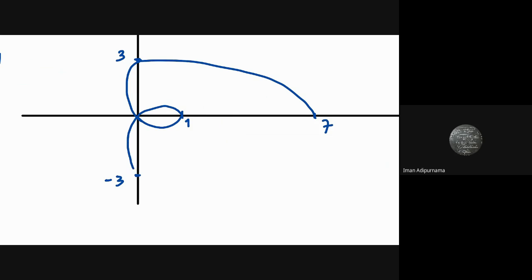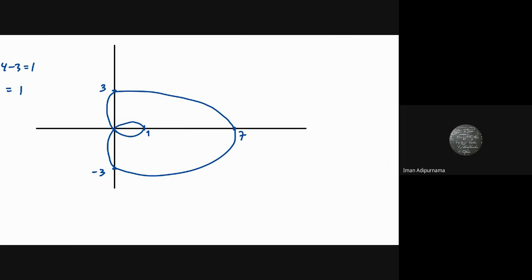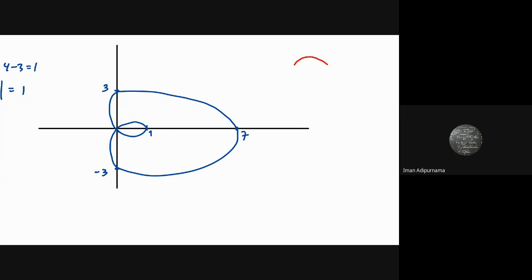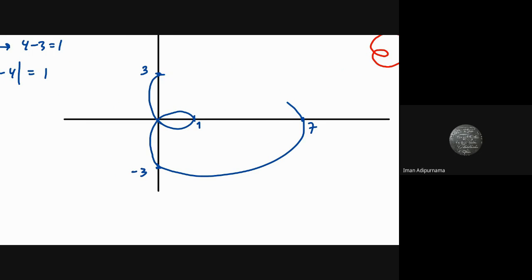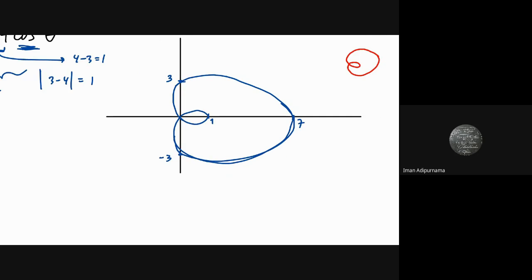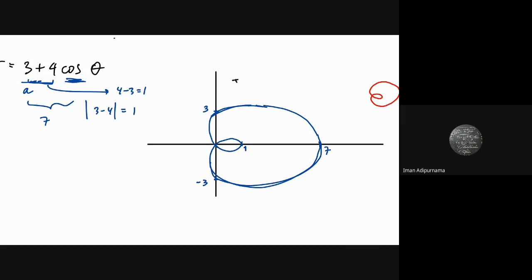And going there, and going there, and that is our limaçon. It should be in a smooth way, it should be like this. It's not very smooth, it should be more curvy at this point here, maybe like that. So that is the inner loop limaçon.